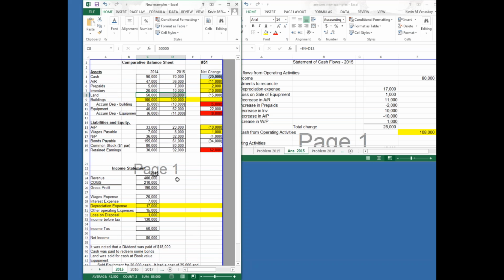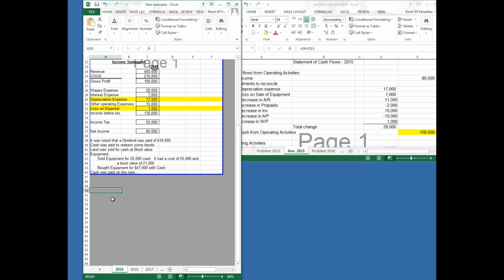Therefore, if land went down 15,000 and it was at book value, that means I actually got 15,000. So my first journal entry to get a visual would say cash was received of 15,000 because I got rid of my land. I sold off a piece of land.